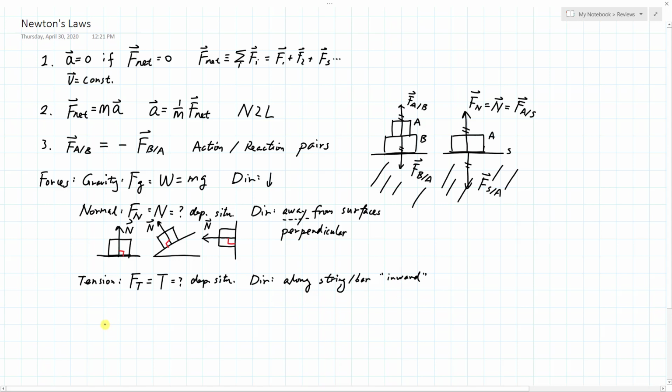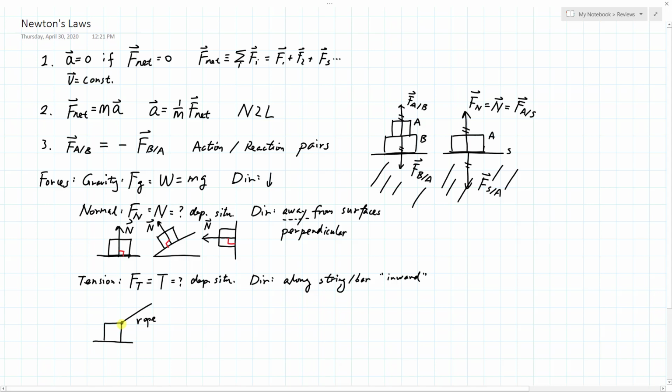Say we have the box, and the box is being pulled. We're pulling the box with a rope, and tension will be along the string, and this end of the rope is going to pull the box.